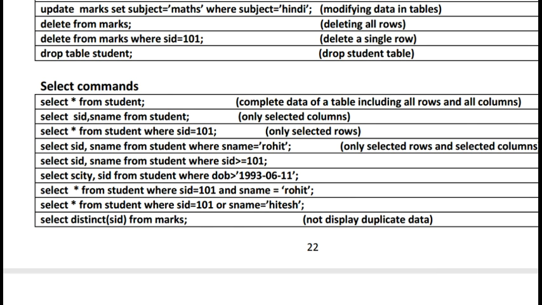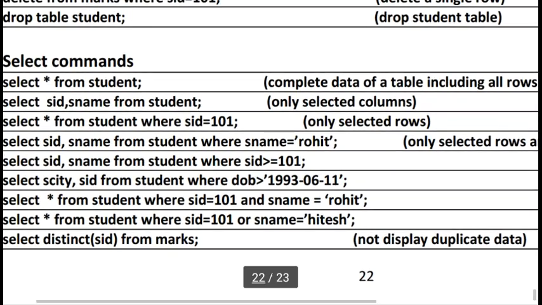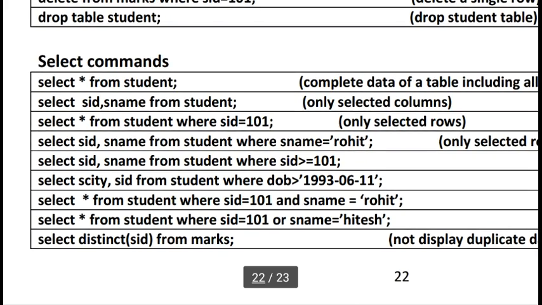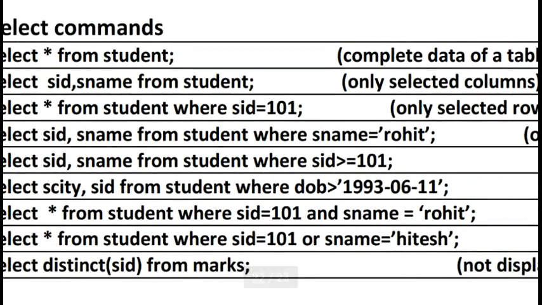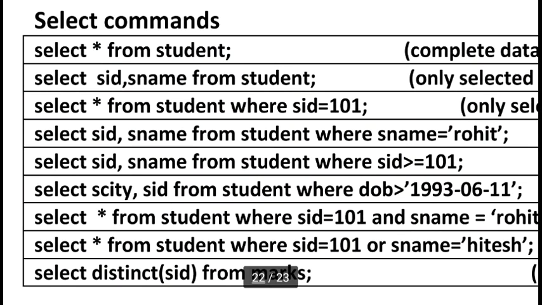SELECT SID, SNAME FROM student WHERE SNAME = 'Rohit'. Here only the student named Rohit will come, but the selected columns are ID and name. A new example: SELECT SID, SNAME FROM student WHERE SID >= 101.